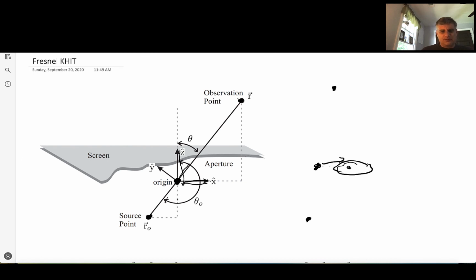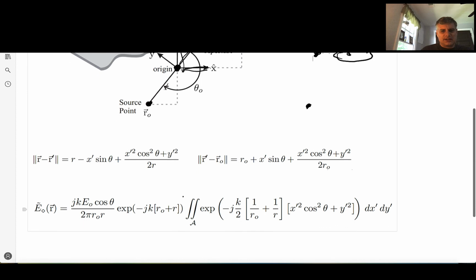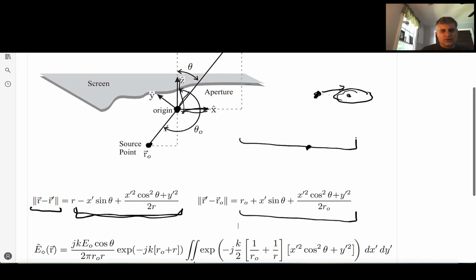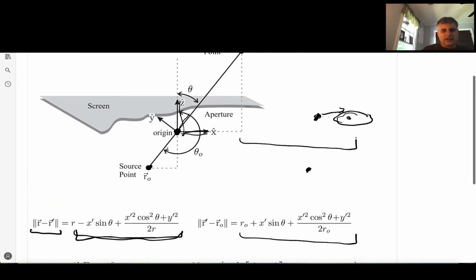Okay, so let's see what that buys us. All those ugly expressions with the Fresnel approximation simplify to this. Much simpler. And the angle that this is referring to is the angle that this makes here between the z-axis and that line that points from source to observation.